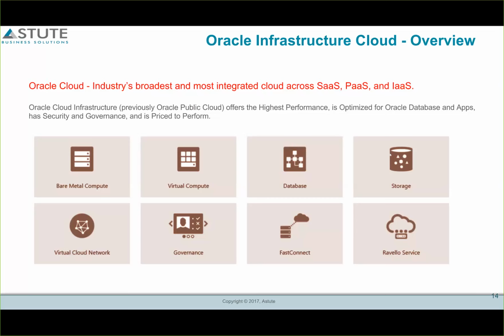Within that, Oracle Cloud Infrastructure, as I said before, previously known as Oracle Public Cloud, it offers the highest performance. It's optimized for Oracle database and applications on Oracle Cloud, has a lot of security and governance and compliances associated with it, and it is really priced to perform.